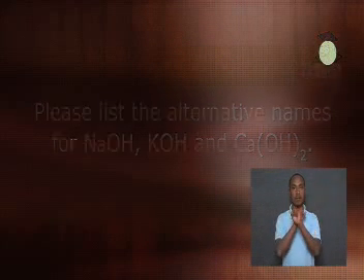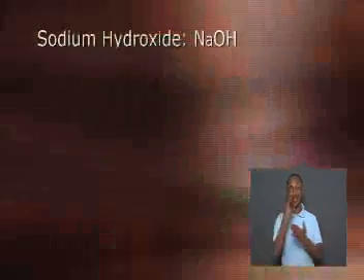Time's up! Let's get back to our lesson. Hello again, students. Were you and your partner able to recall the alternative names for the bases we discussed? Let us list them now.